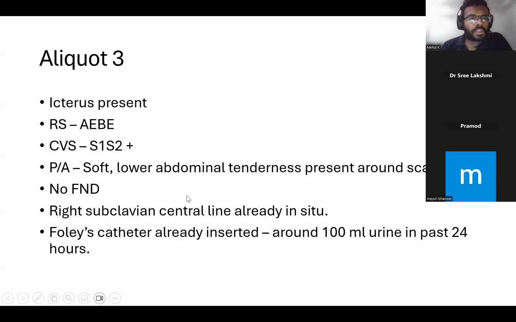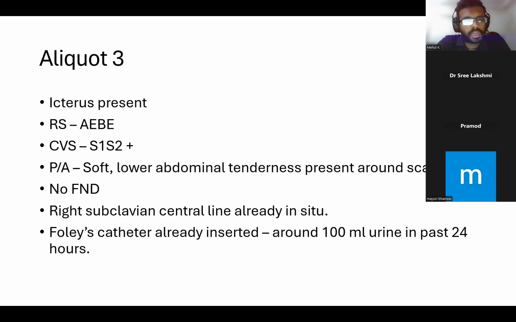On further examination, patient is icteric. General examination otherwise is significant for some lower abdominal tenderness, mostly around the surgical incision site. Patient has no gross neurological deficits.